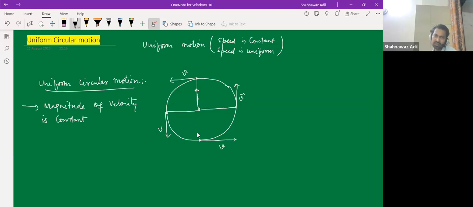What is changing, guys? Sir, direction. Yes, the direction of velocity is changed, right? The magnitude of velocity is constant, but the direction of velocity is changed.